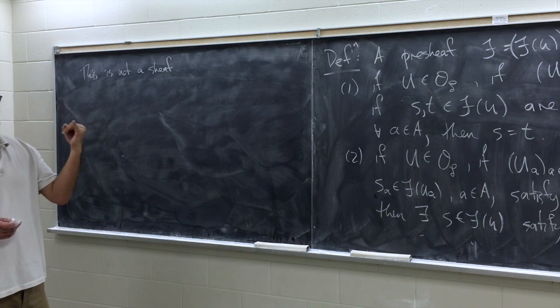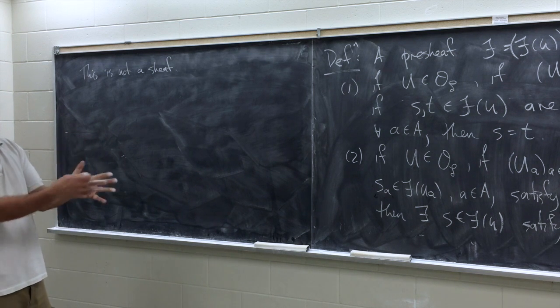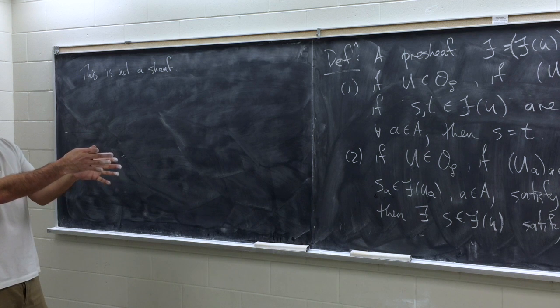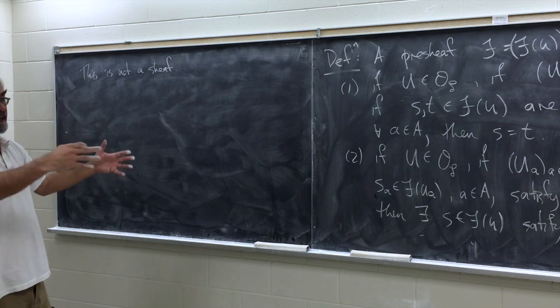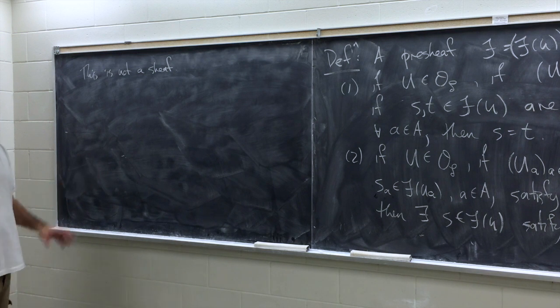Integrable is a concept which, if it holds locally, does not necessarily hold globally. It can hold locally on a small enough interval, but when you consider an unbounded interval, it will not hold globally. So if you want to talk about sheaves, you should not be talking about integrable, you should be talking about locally integrable.